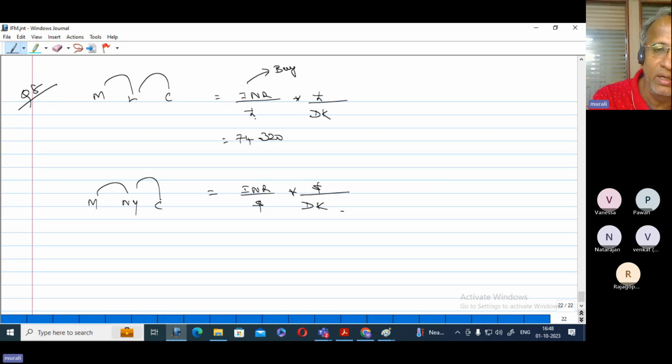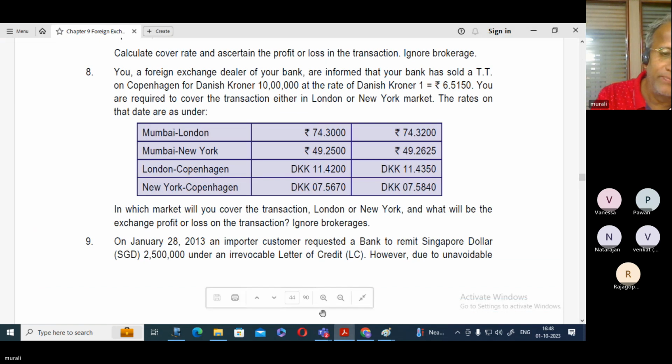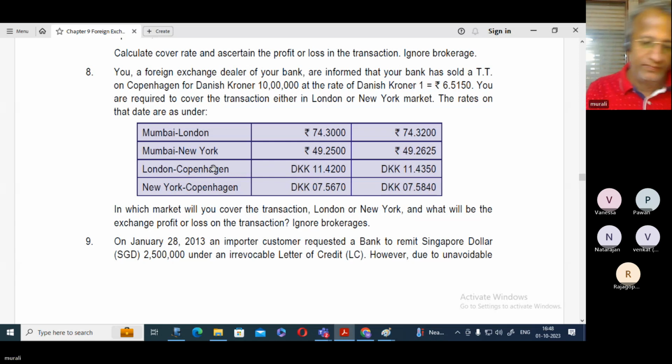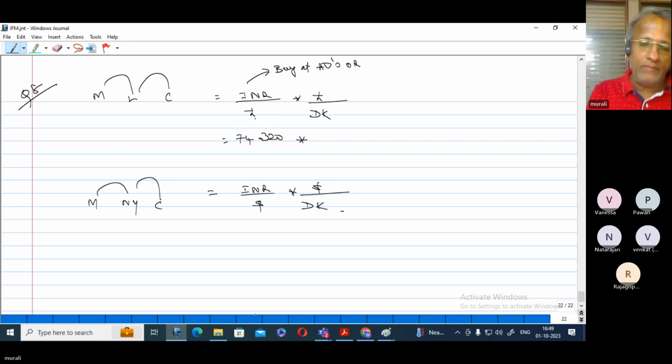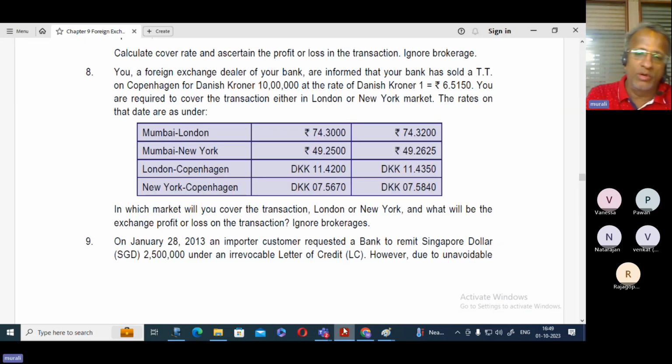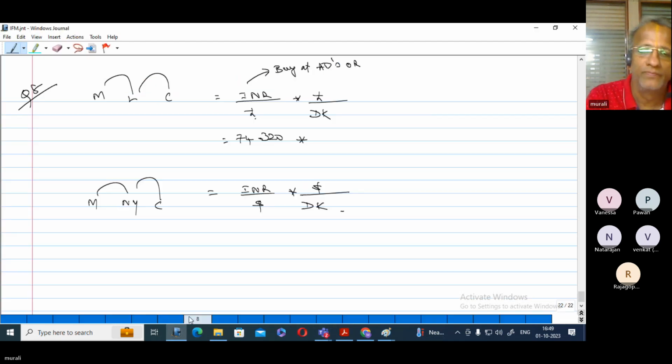So buy at authorized dealer's offer rate, and for London, Copenhagen, you have got to take that up. So what is that we would do? We buy pound.